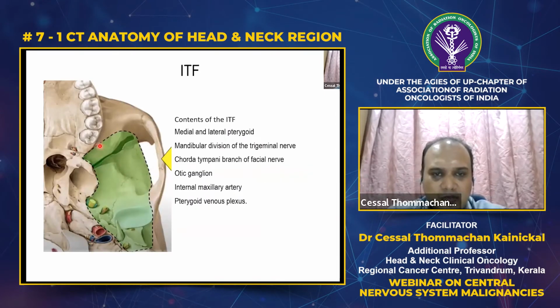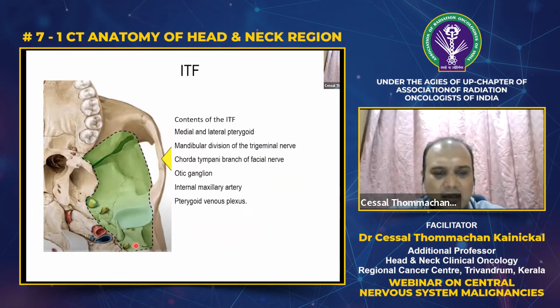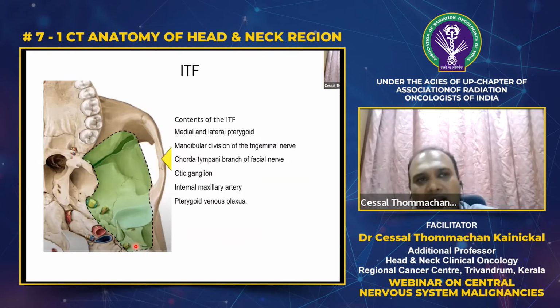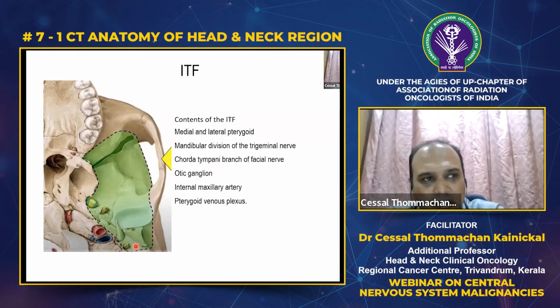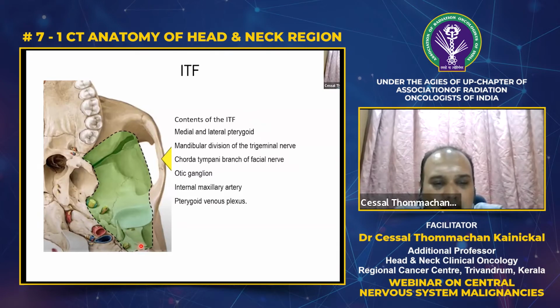And these are the structures which I have already discussed with you. This is the infratemporal fossa, behind the maxilla and lateral to the lateral pterygoid plate. It is medial to the zygomatic arch, posteriorly up to the mastoid. If you look into Gray's Anatomy and other anatomy textbooks, the posterior aspect is slightly different.